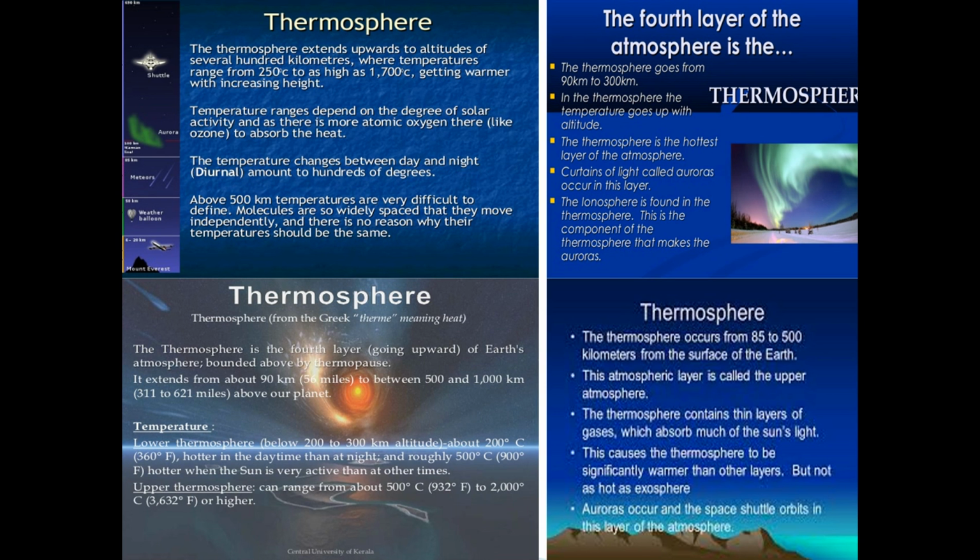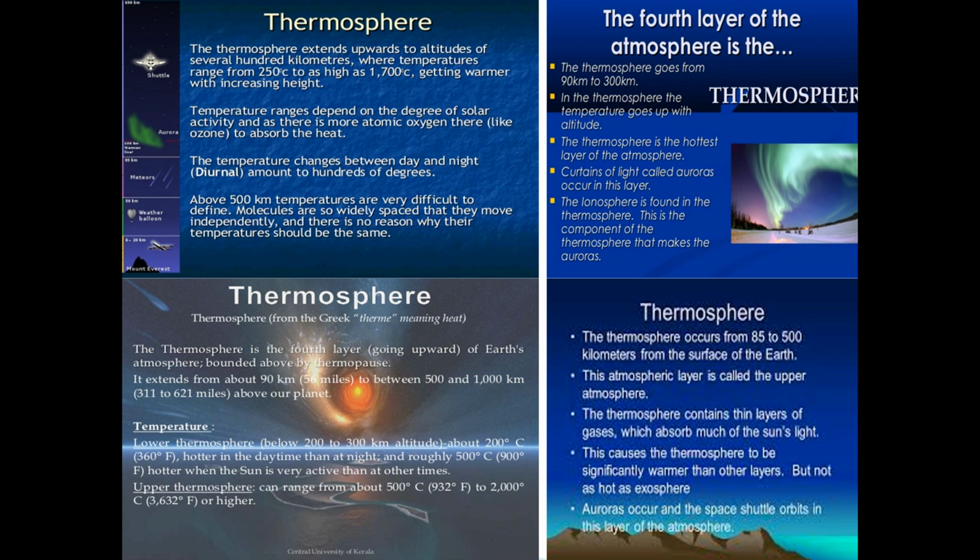Up to 500 kilometers, the temperature becomes 700 degrees Celsius. But in the upper part of the thermosphere, the rate of increase of temperature is low. That's why in the last 160 kilometers of the thermosphere, the temperature is balanced.